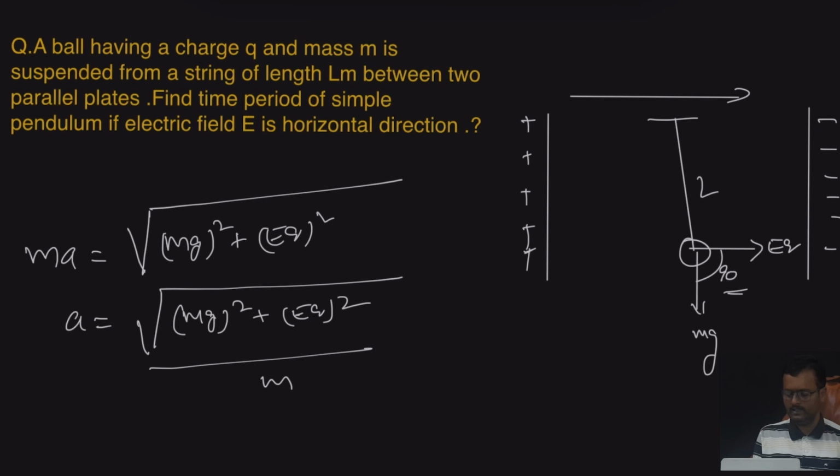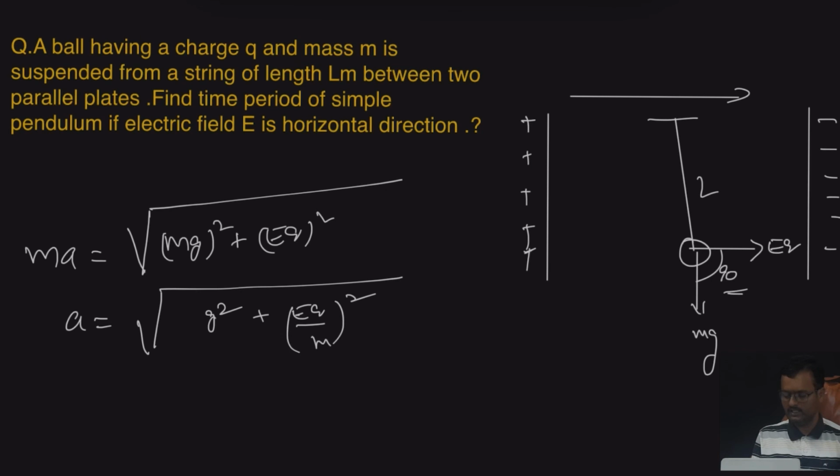If you take m under the root, it becomes m square. So m square is divided into both terms, giving (mg) square by m square, that is (mg by m) whole square, which gives g square. And here (EQ) square by m square, that is (EQ by m) whole square.